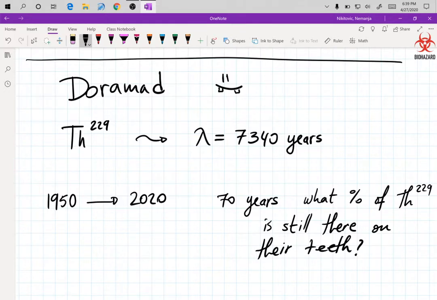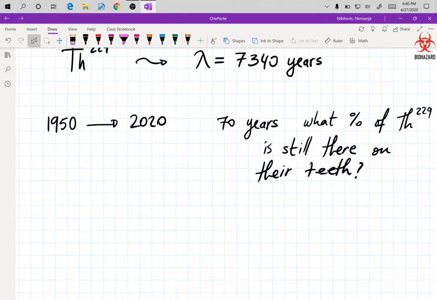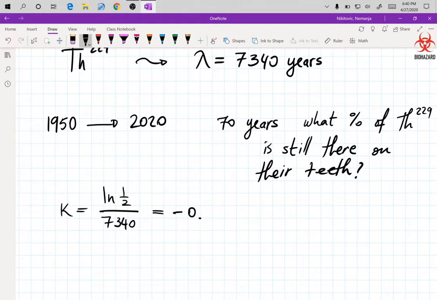Some people brushed once a day, some people brushed twice a day, some people brushed, well, it's 1940, some people brushed once a month, right? Whatever. So the question is, what is the amount of thorium left percentually? Well, the first order of business is to figure out our k. And that's going to be ln of 1/2 divided by the half-life of 7,340. That's going to be negative 0.